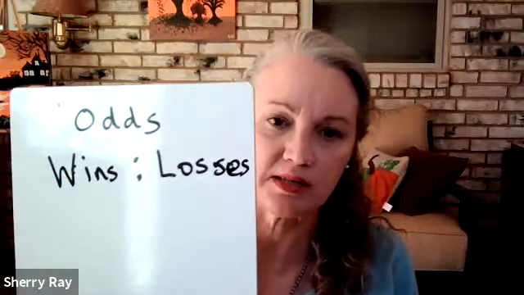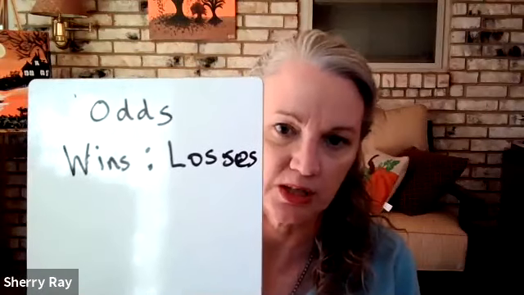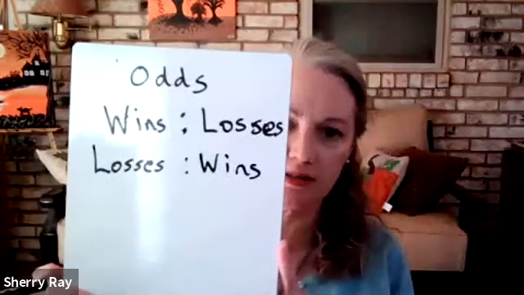So usually when we see odds such as 14-to-1 and the first number is bigger, that's usually your odds against. And often the odds is described so people know how much they would win if they were to bet. Okay, these are our odds.